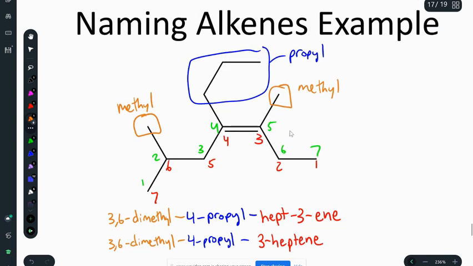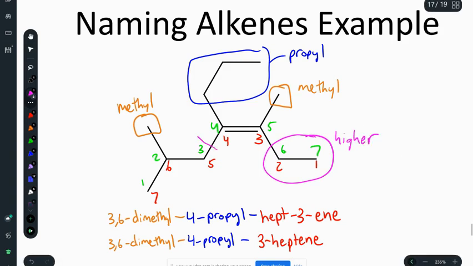So a lot of the same naming rules, we're just adding in a number for where the double bond is. And then I would want to say whether this is E or Z. I've got to include that out front. So on the right-hand side, I have this group, which would be higher priority than a methyl group.